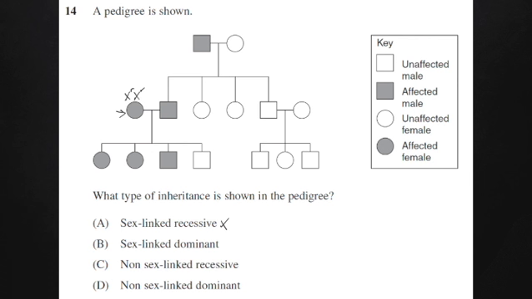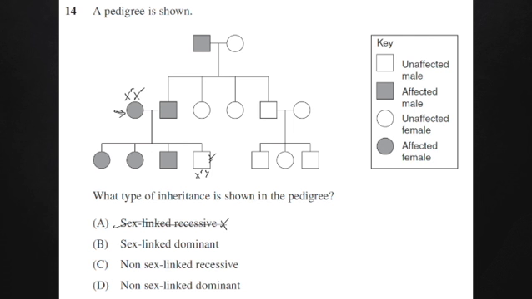She would pass one of those lowercase r's on to a son, and let's just say this one down here, he would be X recessive, and he'd have the Y chromosome from the father. So he should show it. That doesn't appear in this case here. If it was sex-linked recessive, again, if the mum has it, all of the sons should have it, and this guy down here doesn't, so it's not sex-linked recessive. We'll get rid of that one.